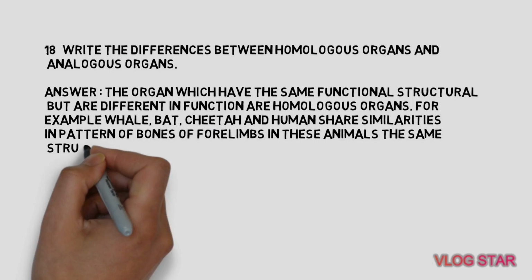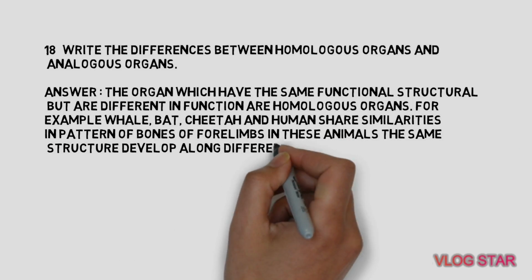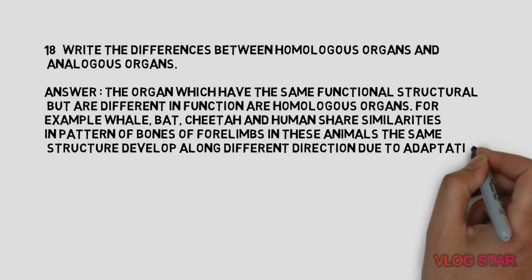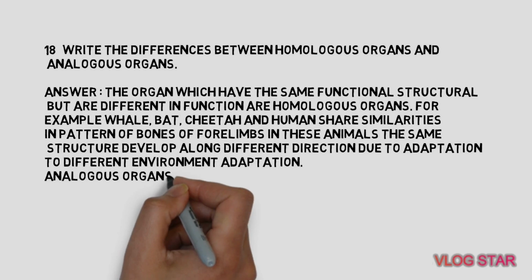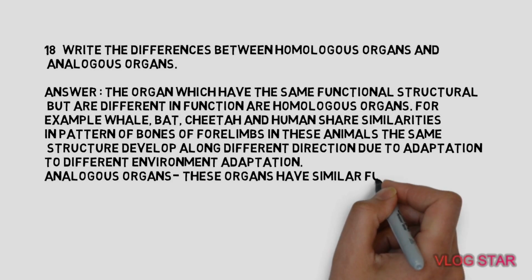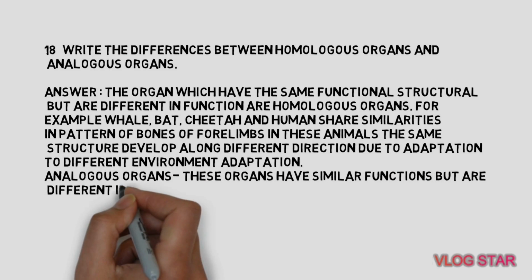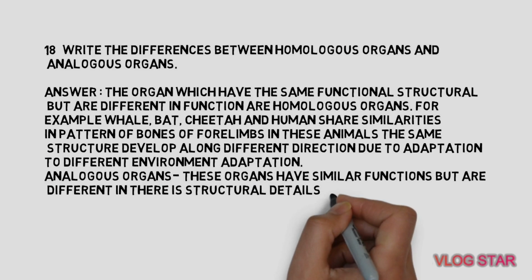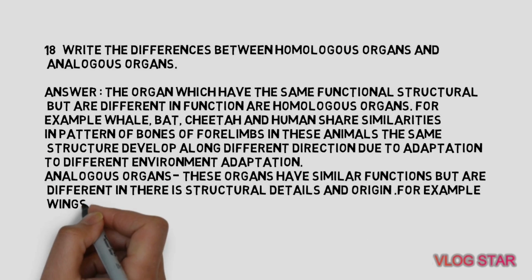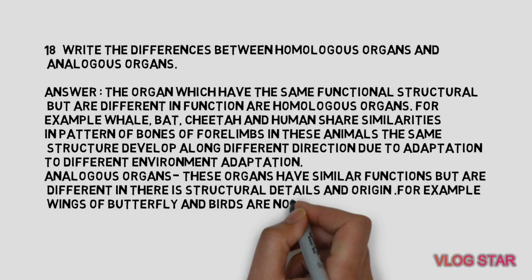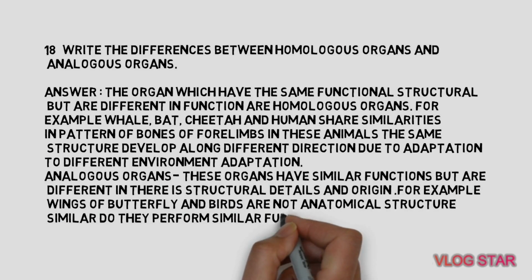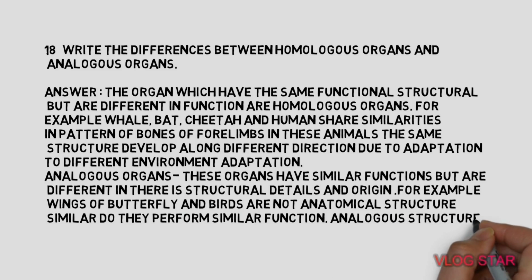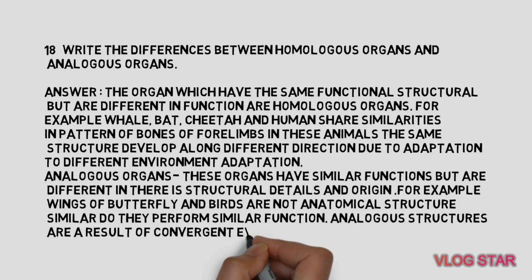In these animals the same structure develops along different directions due to adaptation to different environments. Analogous organs have similar functions but are different in structural details and origin. For example, wings of butterfly and birds are not anatomically similar, yet they perform a similar function. Analogous structures are a result of convergent evolution.